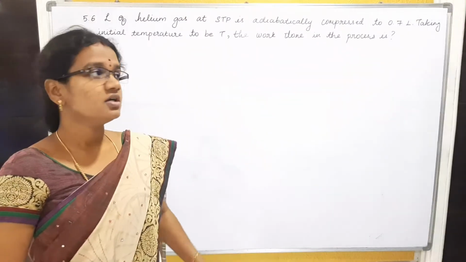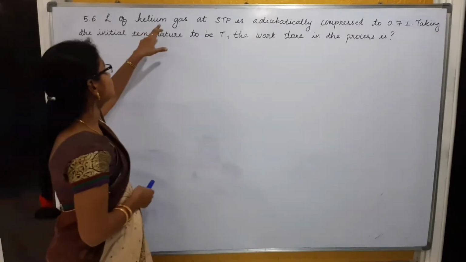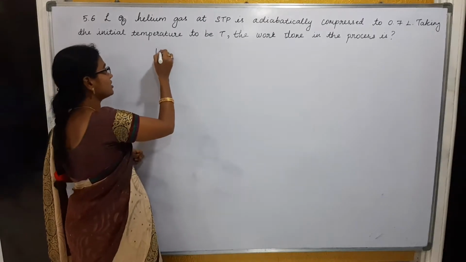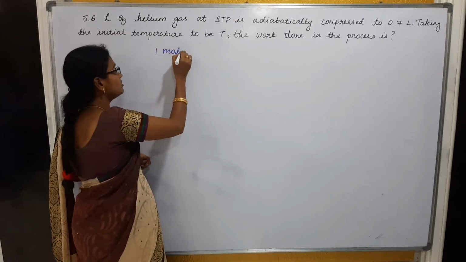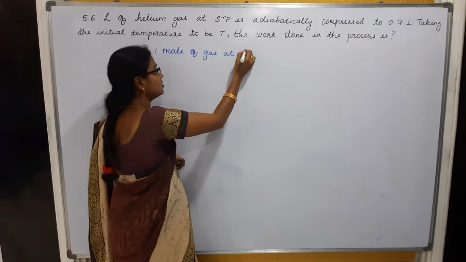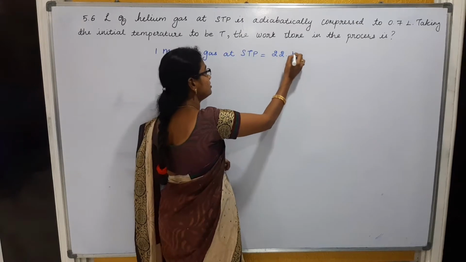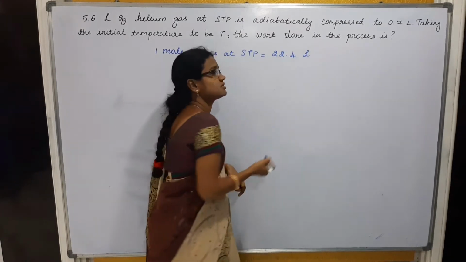First of all, what is given in the question: 5.6 liters of helium gas at STP. So at STP, 1 mole of gas has a constant value of 22.4 liters.